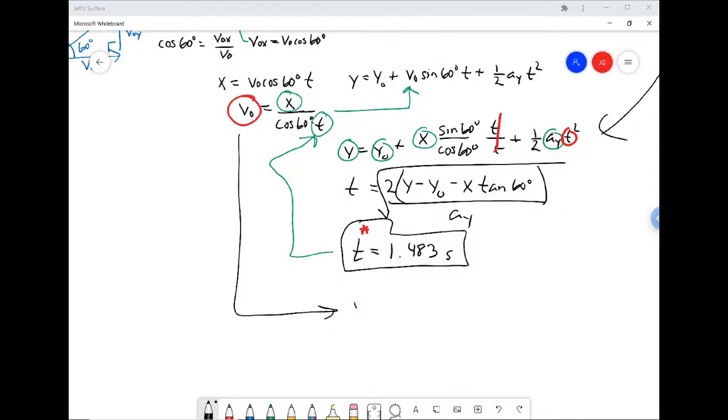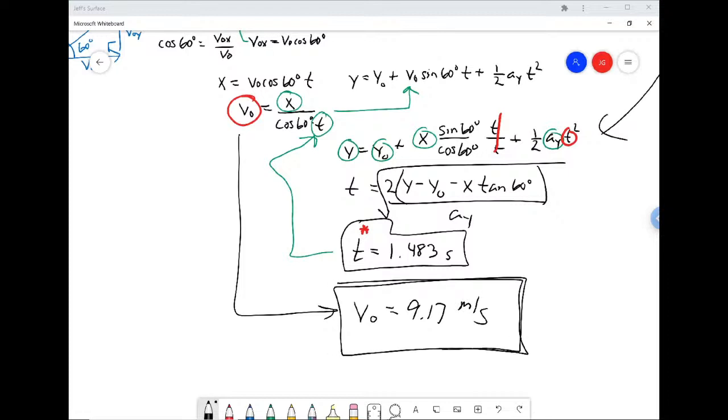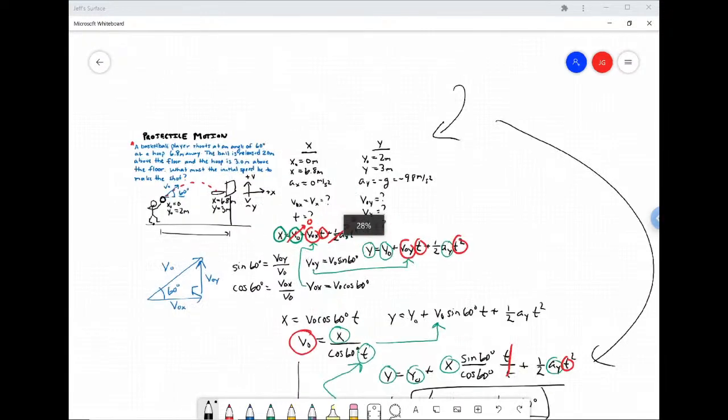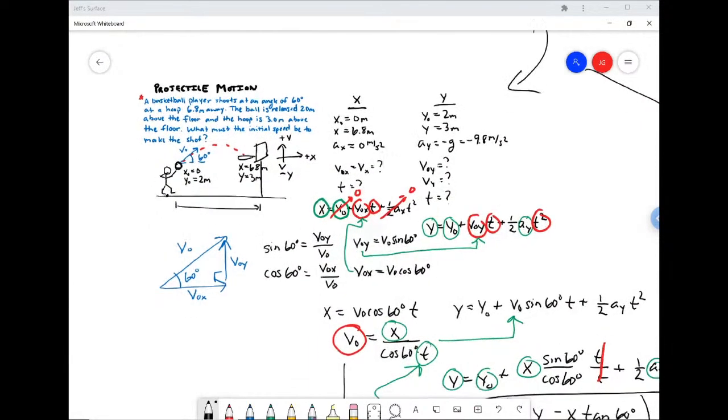And when I do that, I get v naught equals 9.17 meters per second. And I'm done. This is the answer that the problem wants me to find, the initial velocity.